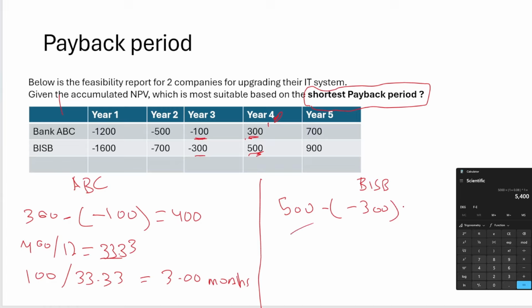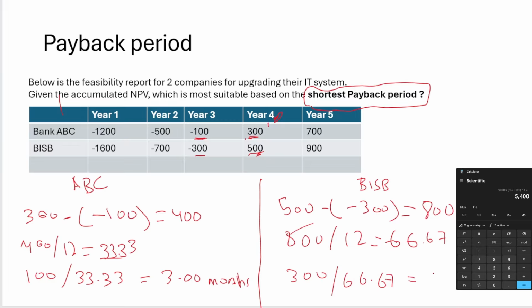Okay, so we'll get 800. We'll take 800 divided by 12. This will give us 66.67. And then we'll take the 300, which was negative, divided by the number we got here, 66.67. This will give us 4.50.